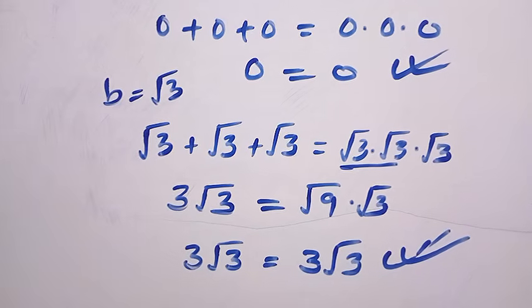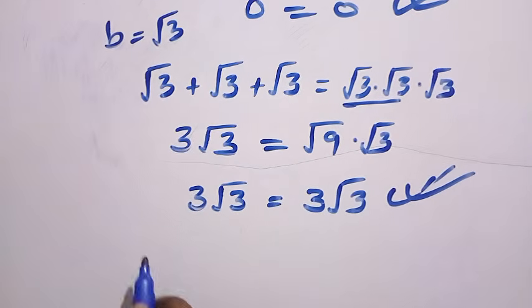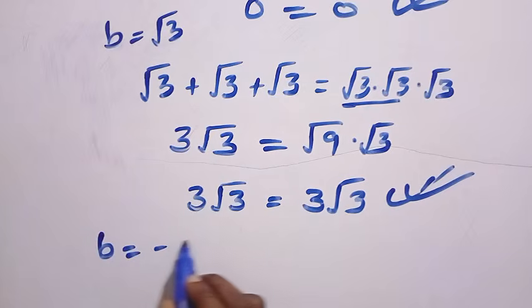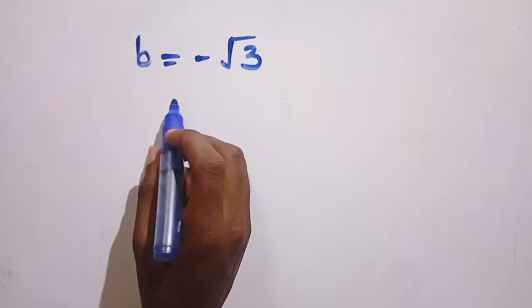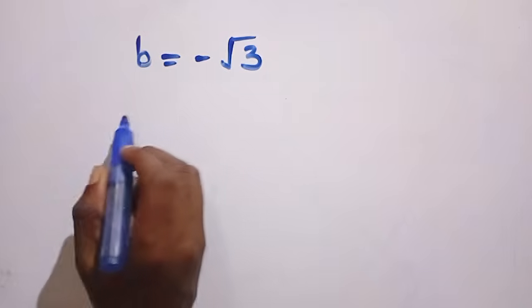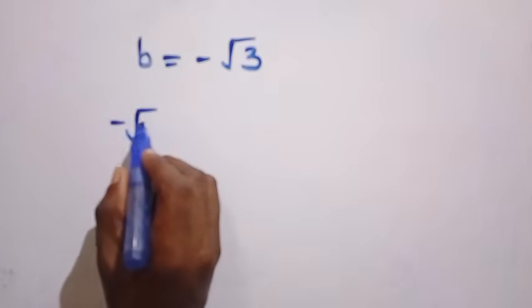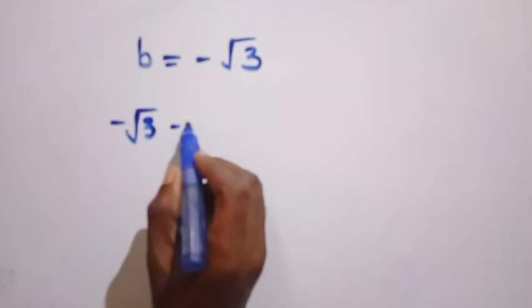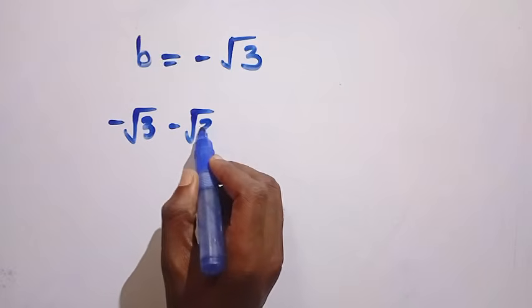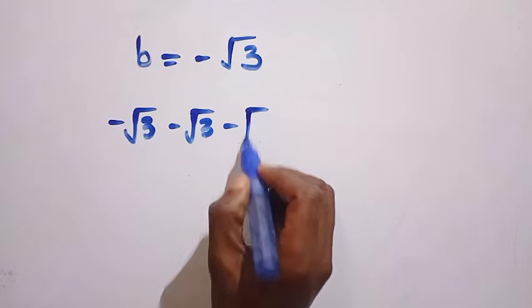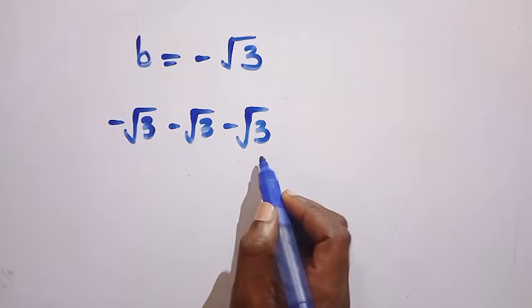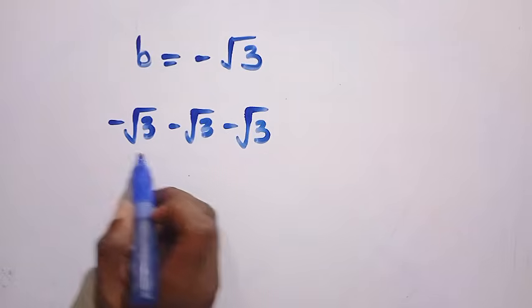And for the last part, we check for when b equals minus square root of 3. We are going to have minus square root of 3 minus square root of 3 minus square root of 3, so this is for adding b plus b plus b.